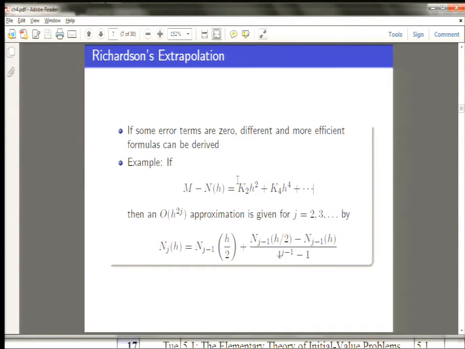Suppose you have an expression N of h, or some algorithm, approximating M with h squared accuracy. Then the formula ends up being slightly different. There's a 4 to the power down there, and you can start killing the h squared term instead. So this is also a powerful thing. You can accelerate things that are not just linear. Of course, it's the same technique. In a way, it's just extrapolation, elimination. It's the same game as before, but in a different setting.